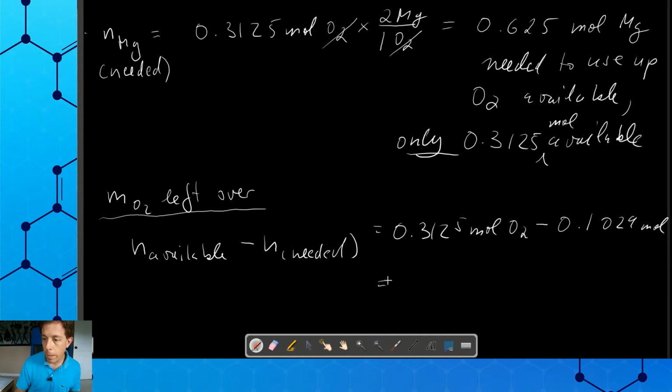And so that is then going to be, and so then this would produce 0.2096 moles of oxygen left over.